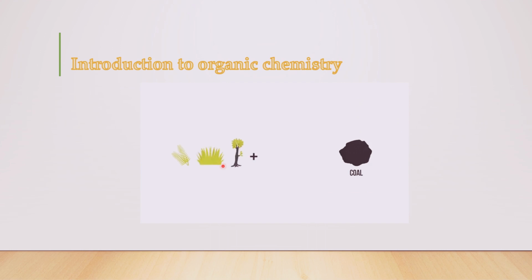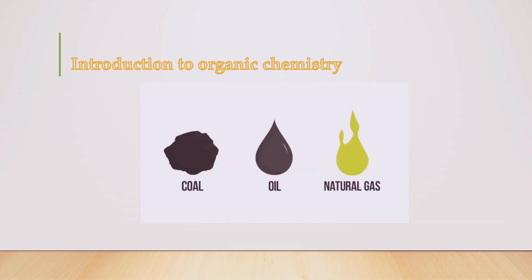With the passage of time and due to extreme conditions of temperature, pressure and heat, these dead and decaying plants and animals too were converted into coal. Okay, this is the story of coal formation.